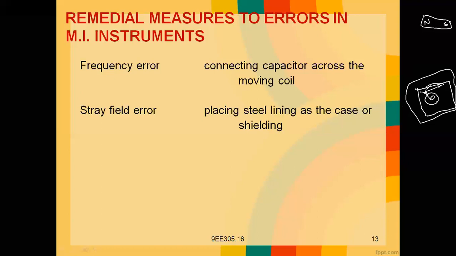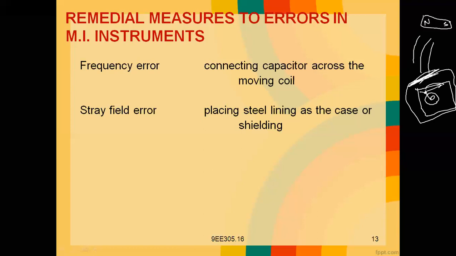So the case or shielding of the MI instrument should be steel. It should have a steel lining. Why? Because when an external magnetic field comes, it will be more concentrated on the steel lining only. It will not enter inside the case, because steel is a high permeability material.